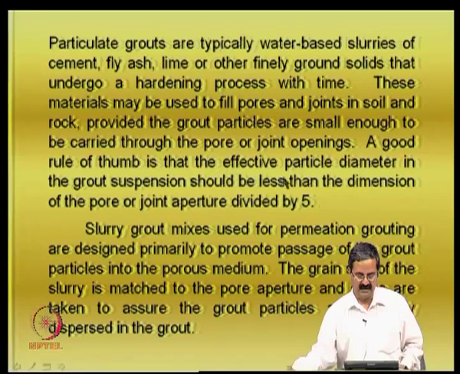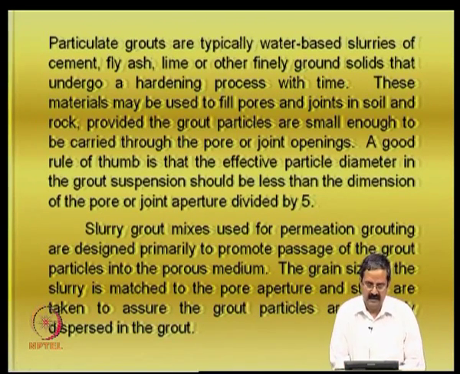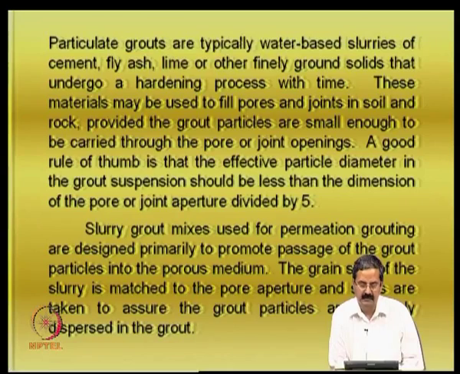A rule of thumb is that the effective particle diameter in the grout suspension should be less than the diameter of the pore or joint aperture by a factor of 5. We also discussed this in terms of the factor called N. The slurry grout mixes used for permeation grouting are designed primarily to promote passage of the grout particles into the porous medium.